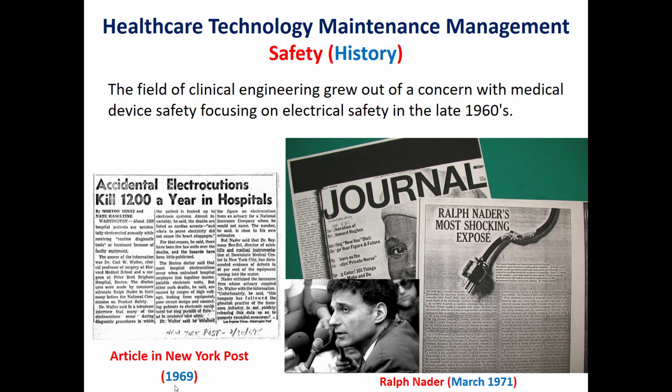One was published in 1969 with the title, Accidental Electrocutions Kill 1,200 a Year in Hospitals. Another article with the title, Ralph Nader's Most Shocking Expose, was published in 1971. Ralph Nader is an American activist who is concerned with consumer protection and other major issues.